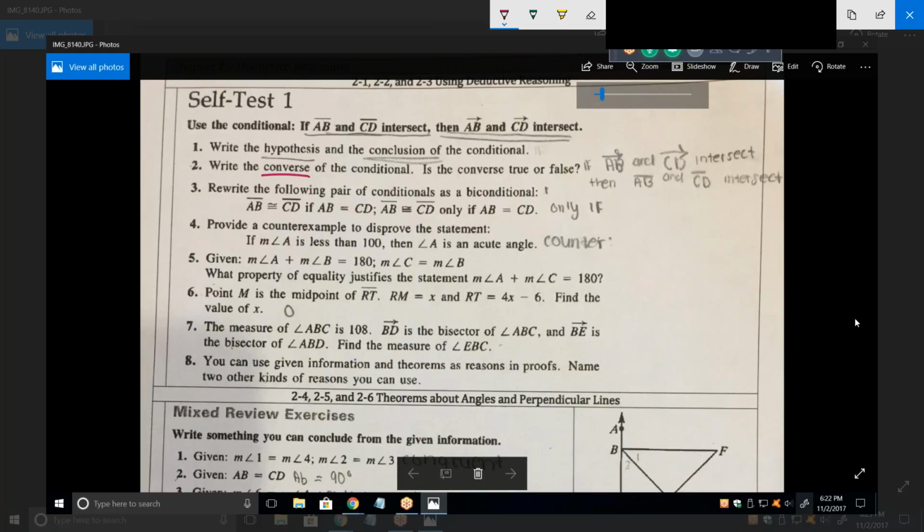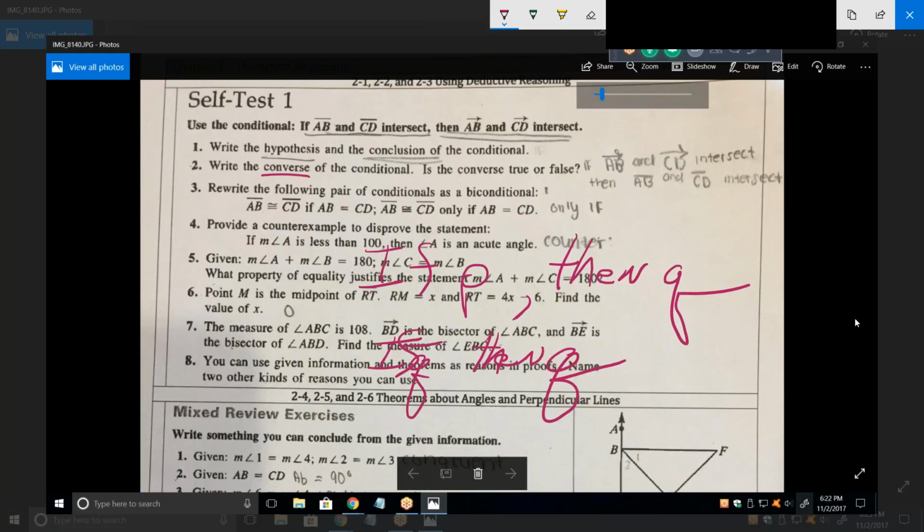Is the converse true or false? True. It's not always true. If P then Q does not mean if Q then P. In other words, the converse of the conditional is not always true.